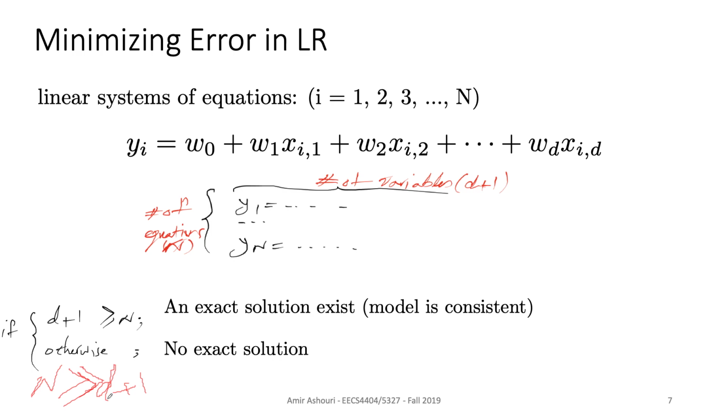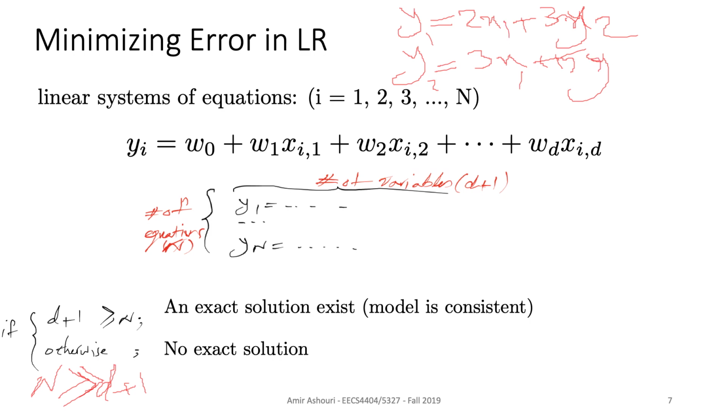Remember, perhaps in your high school, you had like y1 equals 2x1 plus 3x2, and then you had another one, y2 equals 3x1 plus 15x2. Let's just have it x1 and x2 here. And you were asked to find x1 and x2, right?